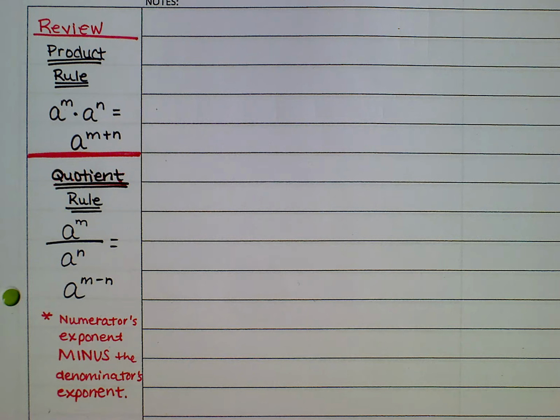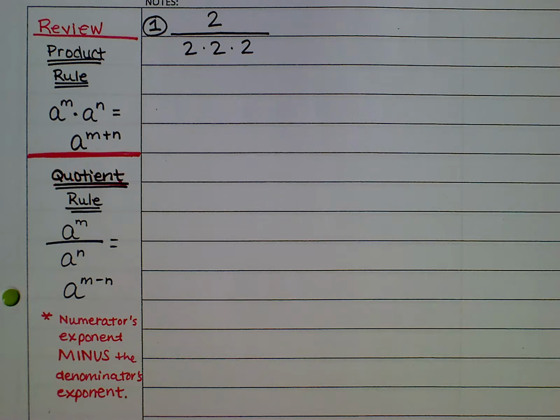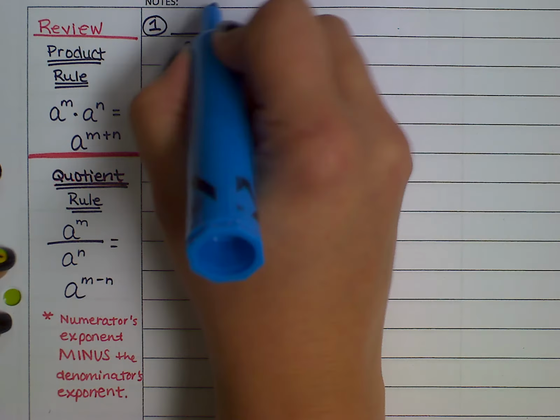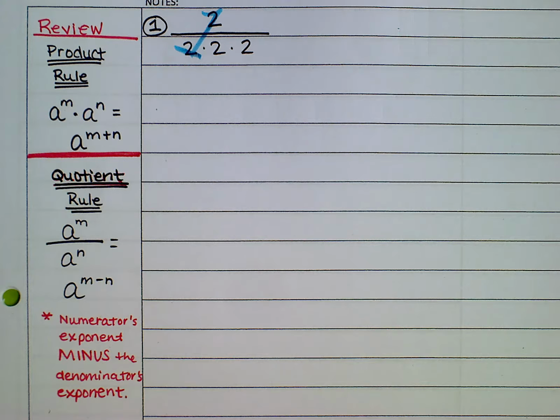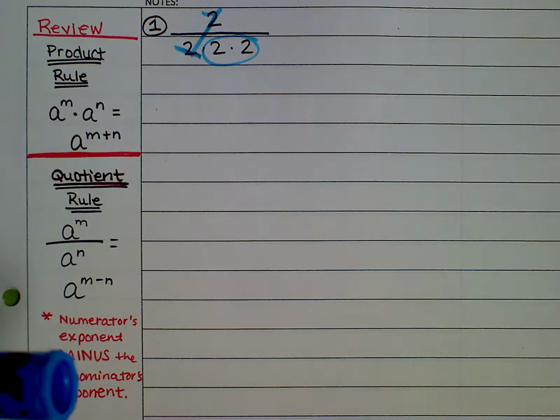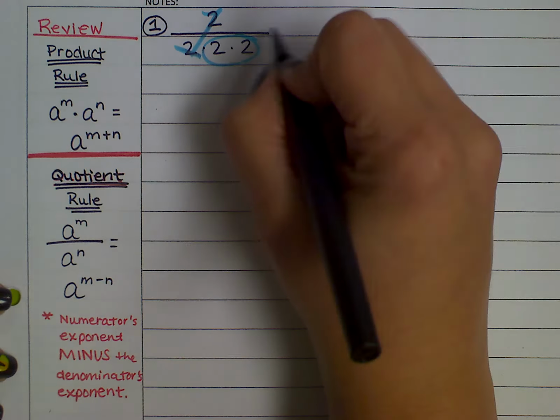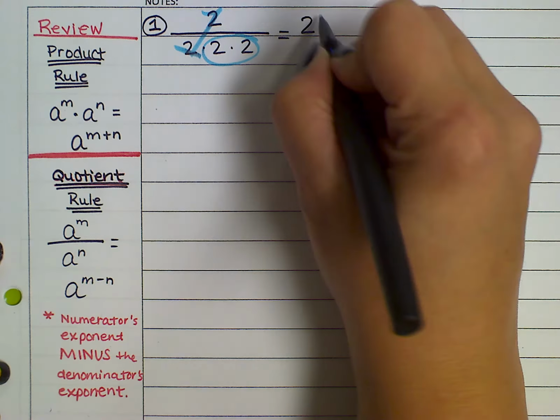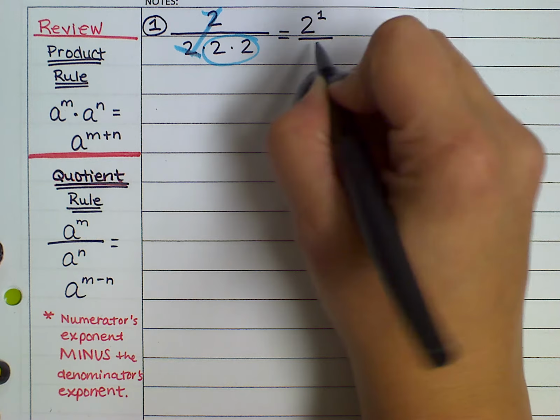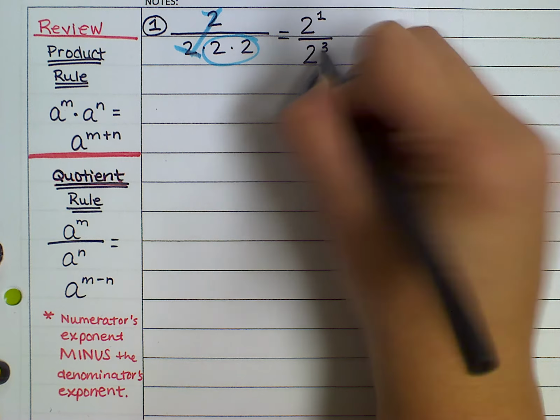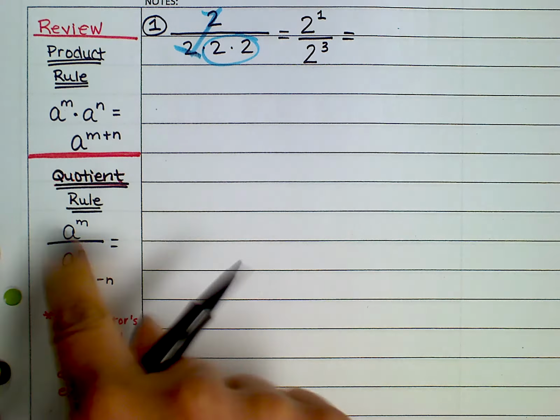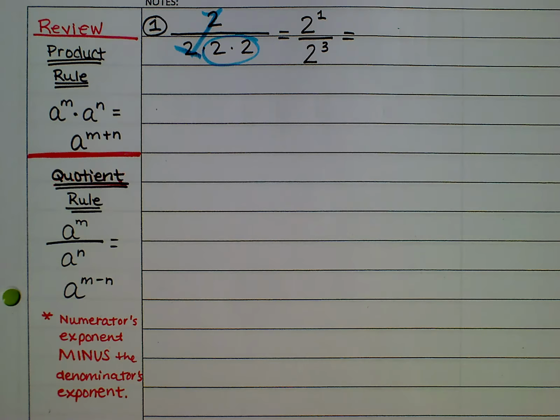So let's go ahead and begin with example 1. 2 over 2 times 2 times 2. Now we stated that deep in our gut we know we can reduce 2 over 2 to 1, leaving us with 2 times 2. Or I could even rewrite this as 2 to the power of 1 over 2 cubed. Now this would leave us to use our quotient rule.